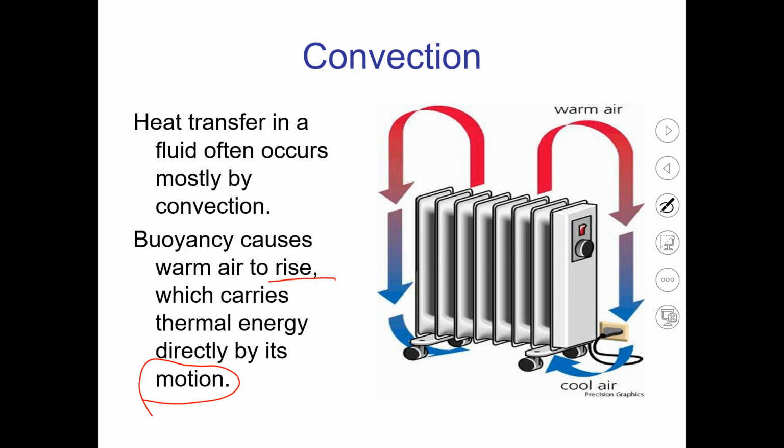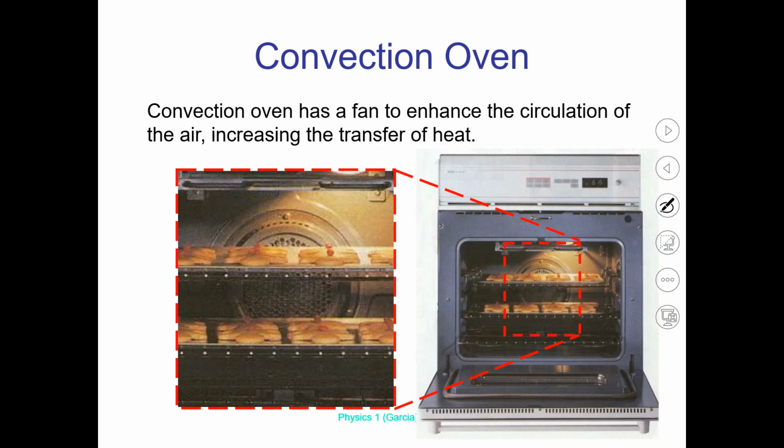For example, warm air is rising, or hot air is rising, and the rising air will move downward when it becomes cool air. A convection oven has a fan to change the circulation of the air, increasing the transfer of heat.